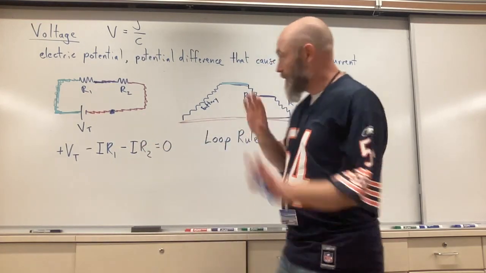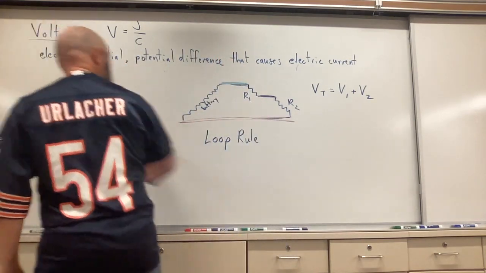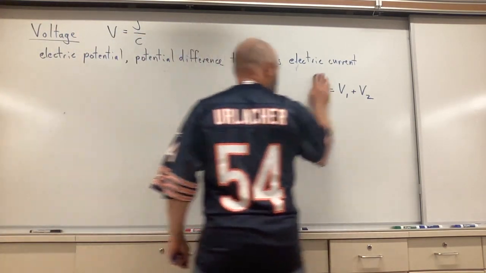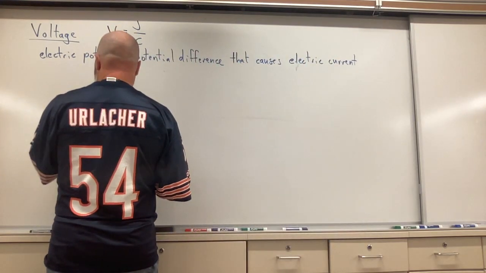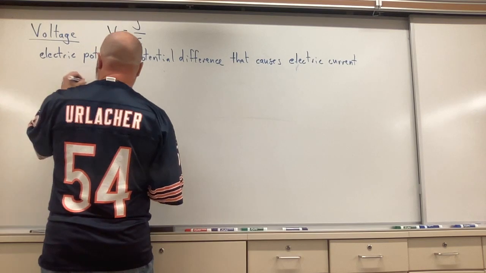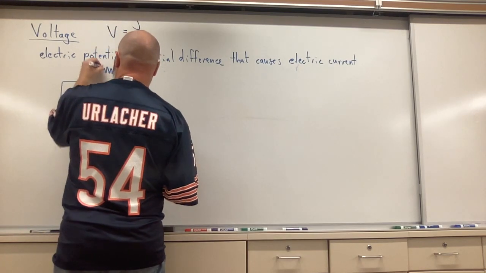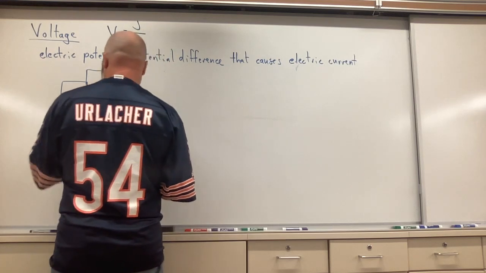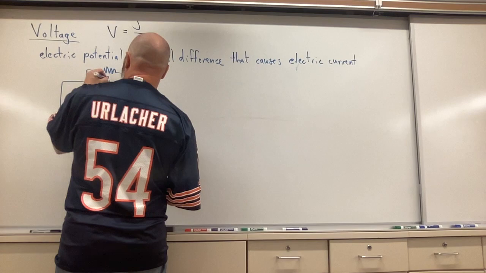All right, I'm going to do a couple more examples to make sure we got it. So let's do a little bit different example. This is my circuit, where this is my total. This is R1, this is R2.